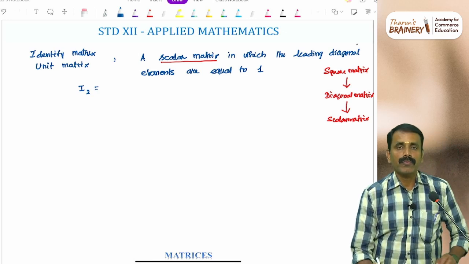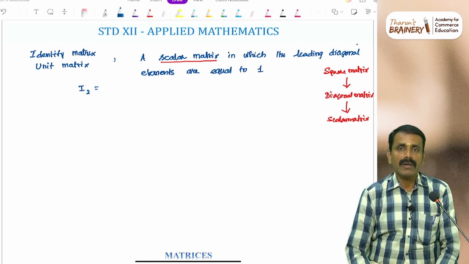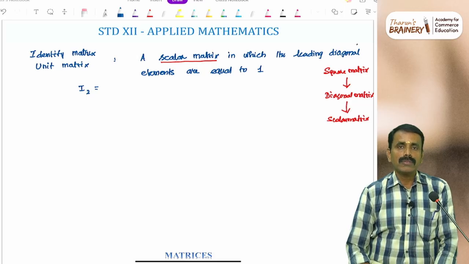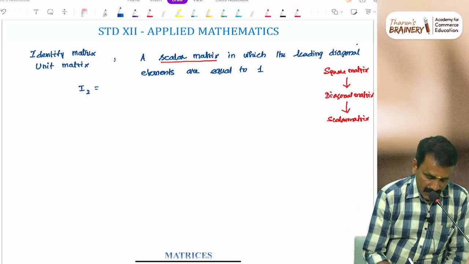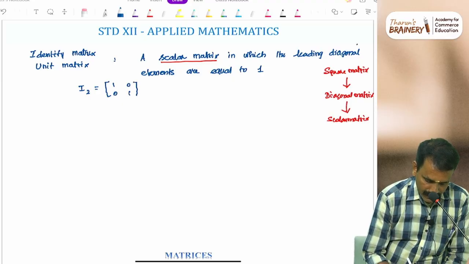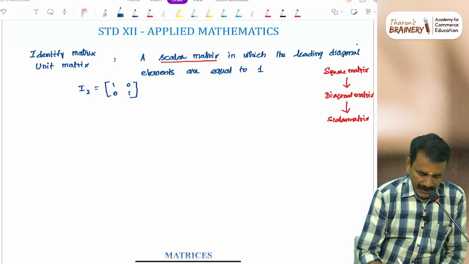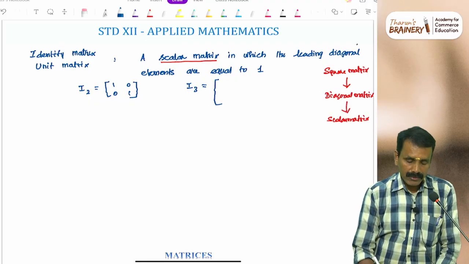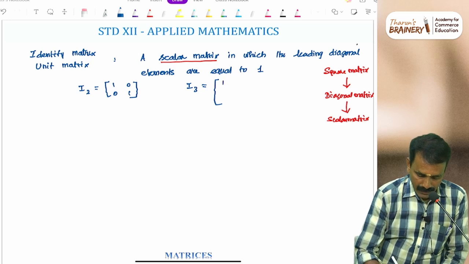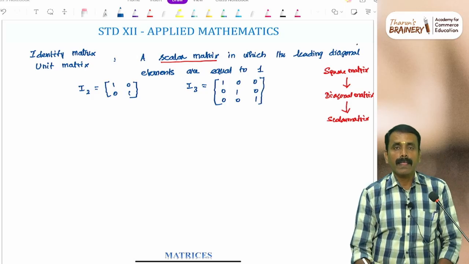I2 means identity matrix of order 2 by 2. So, the elements will be 1, 0, 0, 1. This is the identity matrix of order 2 by 2. What about I3? I3 will be identity matrix of order 3 by 3. So, 3 rows and 3 columns will be present. We will have 1, 0, 0, 0, 1, 0, 0, 0, 1. Okay.